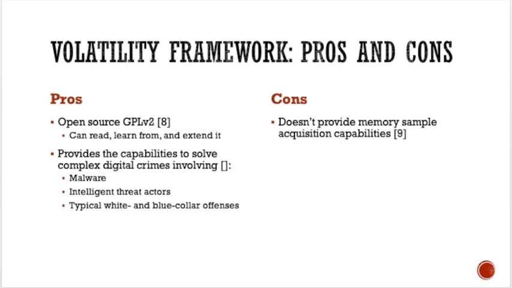Because it's in Python, it's really not that hard to write some scripts and add some extra features that you might need to Volatility. And it also provides the capabilities to solve complex digital crimes involving things like malware, intelligent threat actors, and your typical white and blue collar offenses.